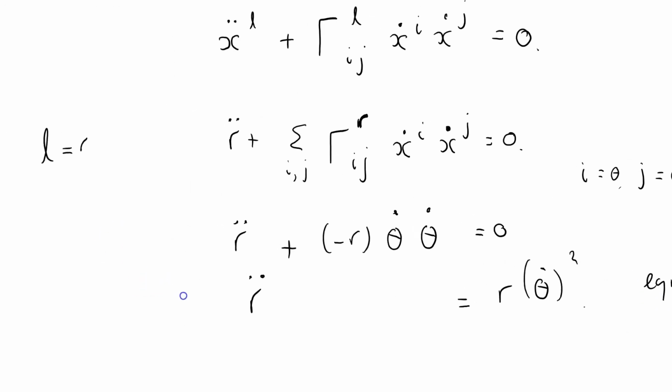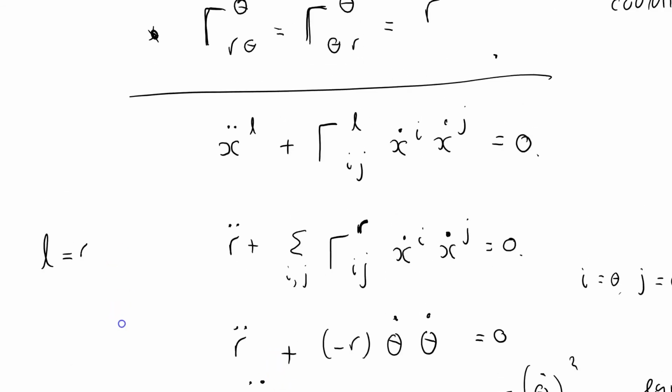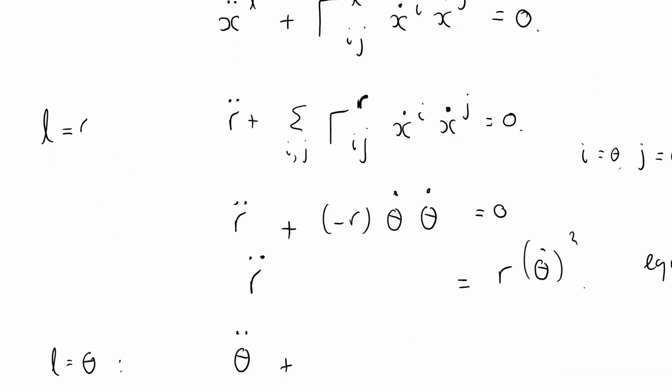Okay, now that was l equals r, and now I'm going to set it equal to theta. So I've got theta double dot plus, and I can do the same trick again, except that I've got 2 non-zero components. So I've got theta r dot theta dot plus, and then it's the other way around, theta dot r dot equals 0.